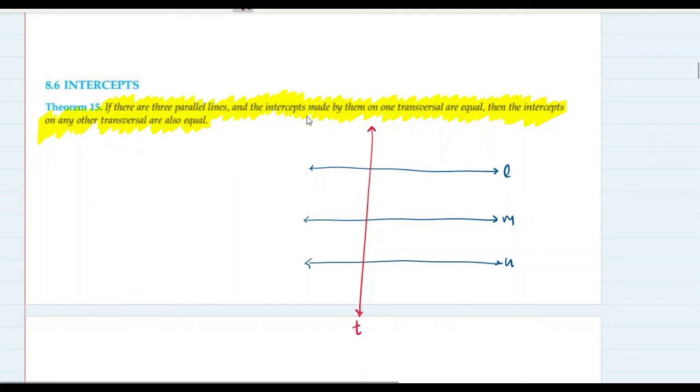Do you see that when these three parallel lines are cut by this transversal, the transversal is divided into two line segments? Let me name the line segments AB and BC. These line segments, which are the parts of the transversal when it cuts the three or more parallel lines, are known as intercepts.